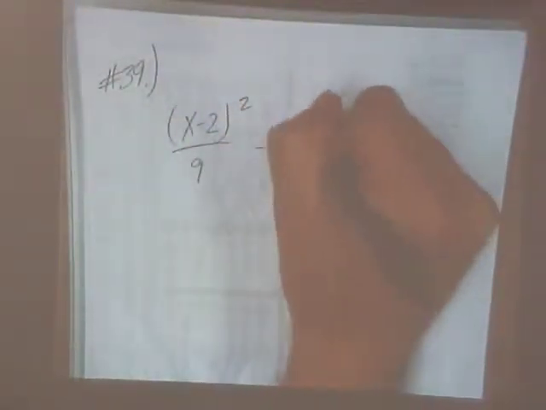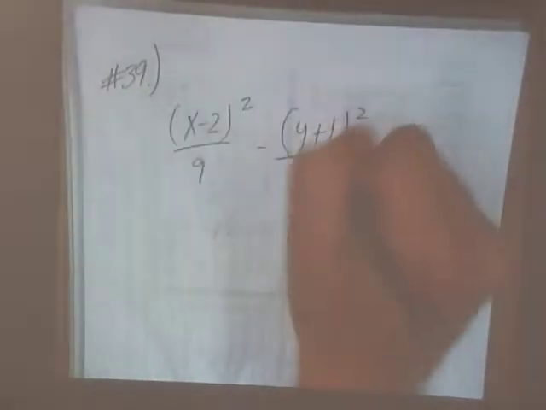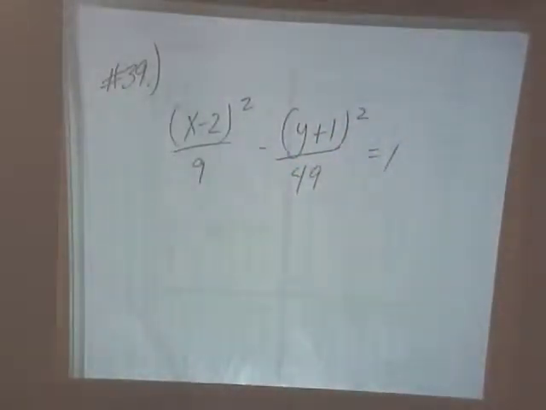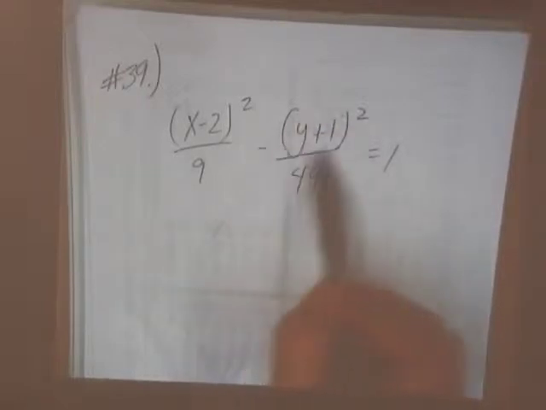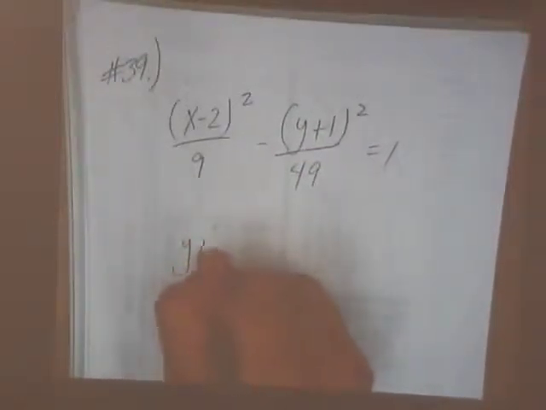39. They give us a conic, x minus 2 squared over 9 minus y plus 1, and they want us to identify the equation of the asymptotes. It's y minus k, whatever that y part is. So it'll be y plus 1.